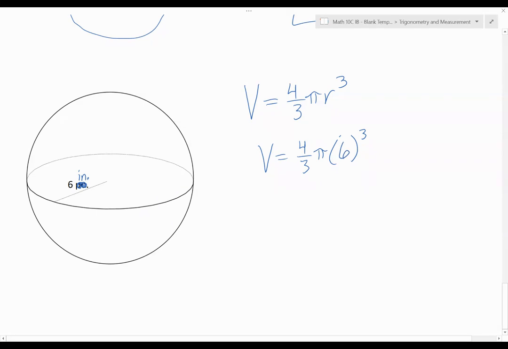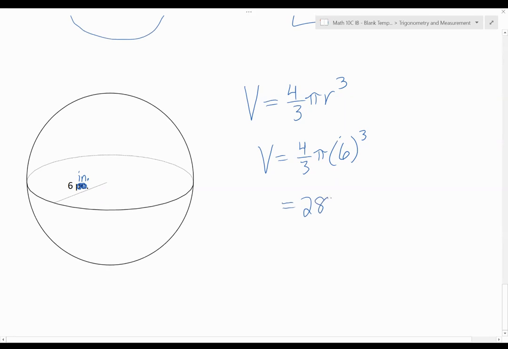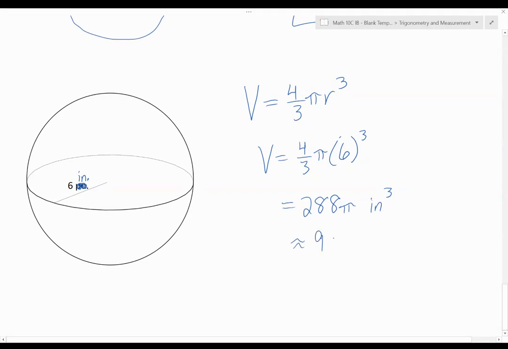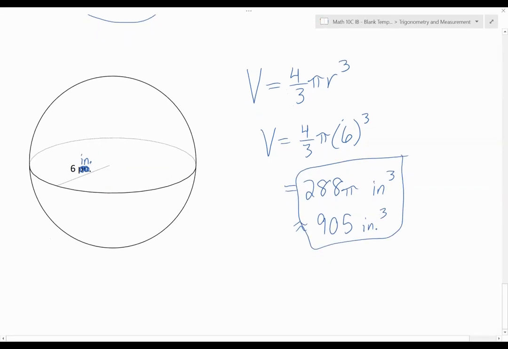It is 6. So 4/3 times 6 cubed is going to give me 288. So the exact value would be 288 pi cubic inches. If I actually multiply it out by pi, I get approximately 905 cubic inches. So depending on what the question asks, it'd be one of those two things.